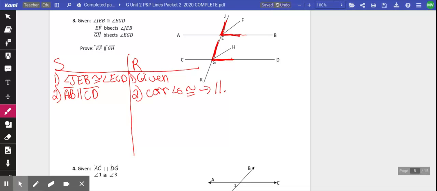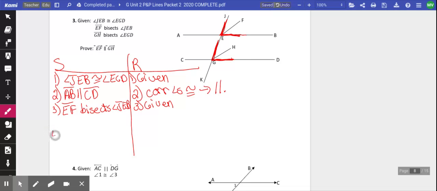All right, my next given, which I'm going to write down now, is that EF bisects JEB. So if EF bisects JEB, what does that mean? And notice I'm separating my givens. You don't have to, but I am in this case. So pause and think about that.